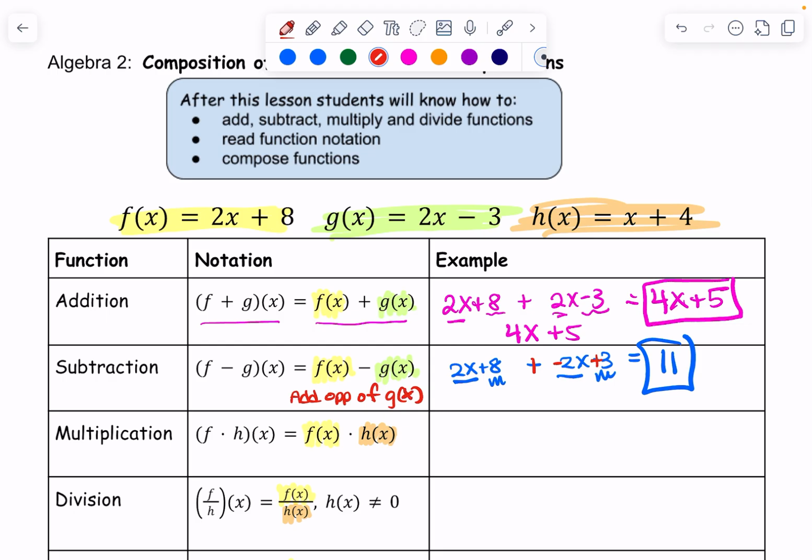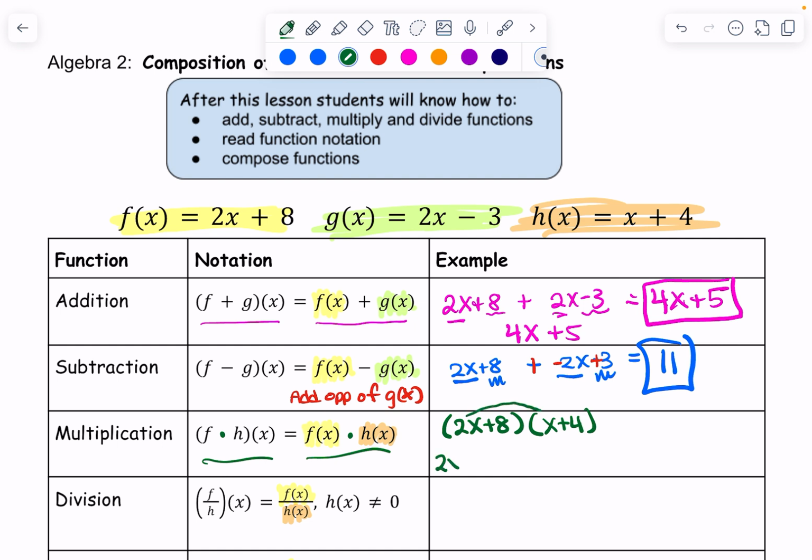Okay, cool. So now we're going to talk multiplication. When we're looking at multiplication, we see just this little closed dot right there. So either one of these notations mean multiplication. All we would do is take whatever function they told us, so f of x, which is 2x plus 8, and then they told us h of x, which is x plus 4. And we're just going to multiply. Now, we know when we're multiplying binomials that we're going to be distributing.